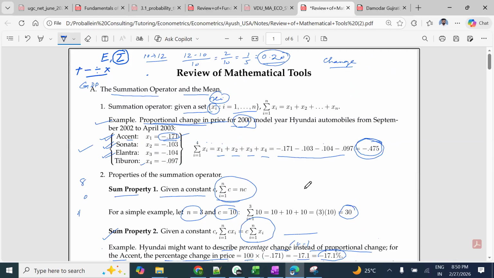Just give me 1 second, I will show you the assignment. This assignment will be very interesting, based on whatever we have discussed so far, yesterday and today.